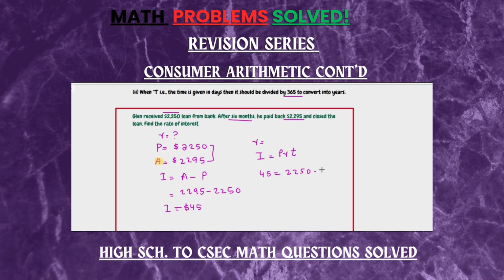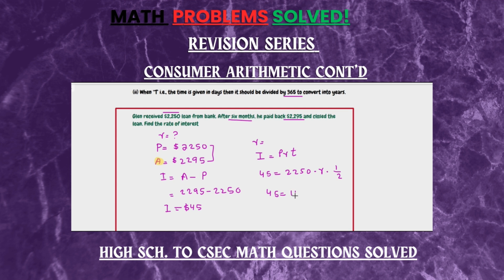We don't know the rate, so we will just write it as R. But the time is 6 months here. 6 months means 6 over 12 years, right? You may simply write half a year.